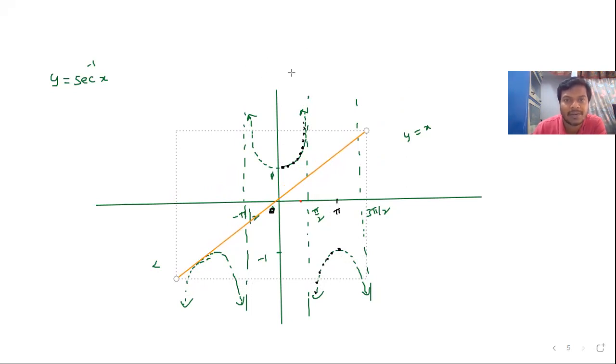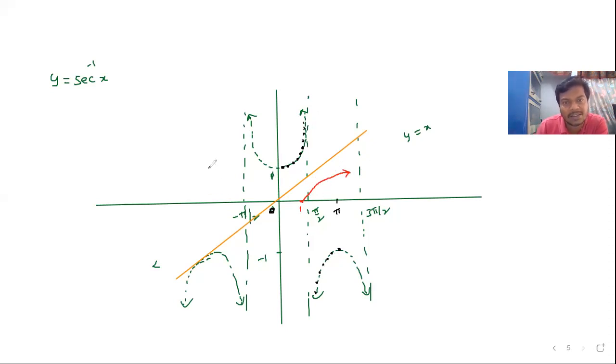Now the inverse graph of this one. Here it is 1, so it starts from 1. Next, the symmetric graph we get like this, for which it is symmetric. Okay.